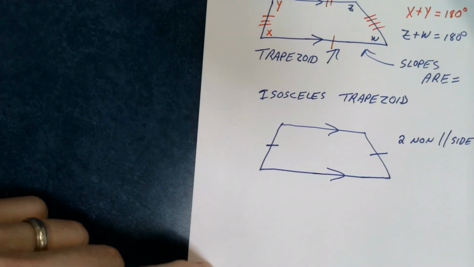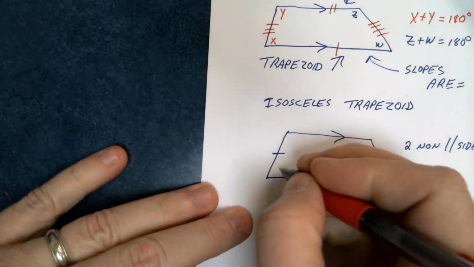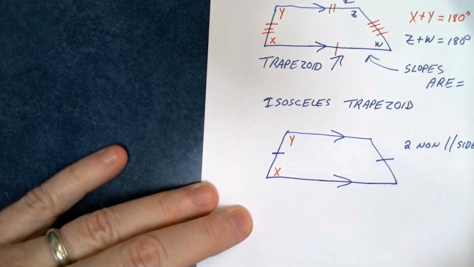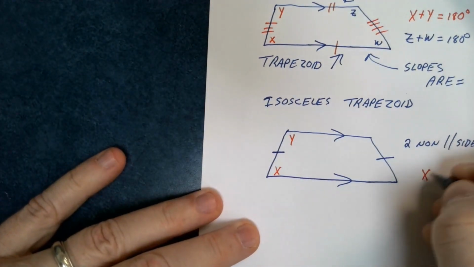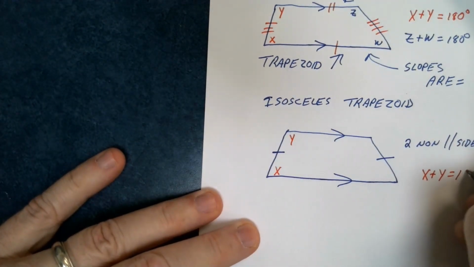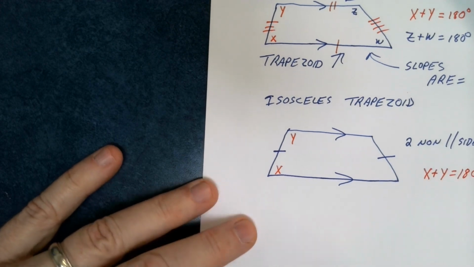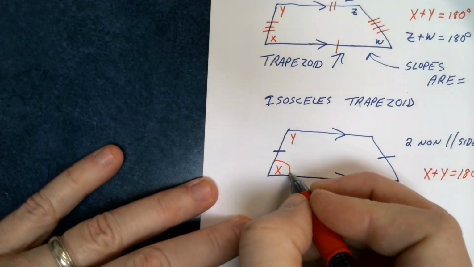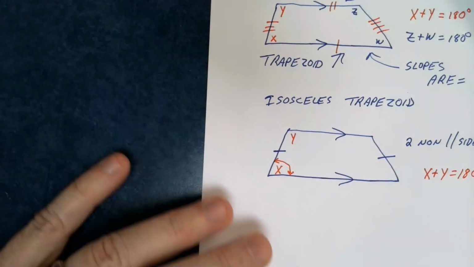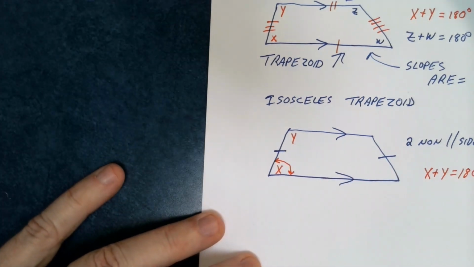Now, if that's the case, just like before, x and y add up, x plus y, add up to 180 degrees. Again, remember, we're talking about angles. That means the opening, the measurement opening between those two rays.